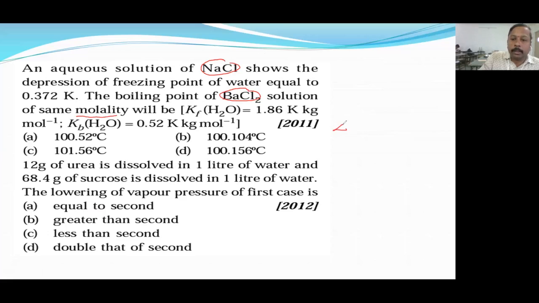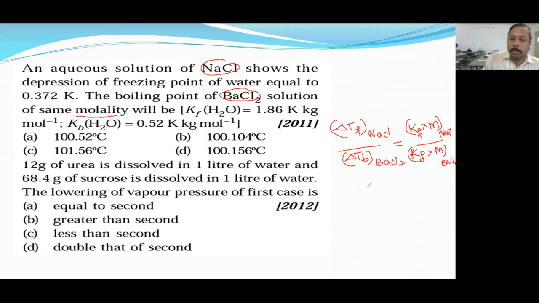So in that case, suppose delta TF of NaCl and delta TB of BaCl2. When you take the ratio, a lot of things will get cancelled automatically. So therefore, Kf into molality, this numerator is about the NaCl and the denominator is about the BaCl2.